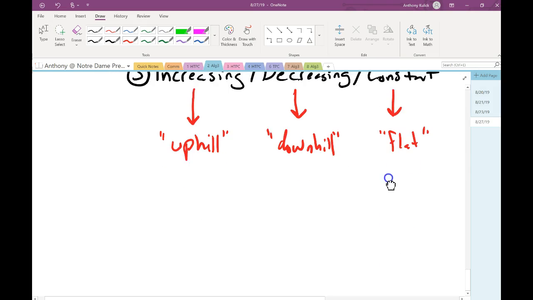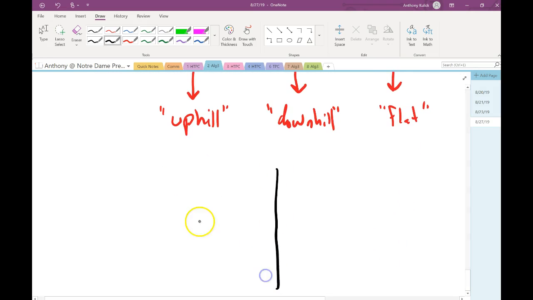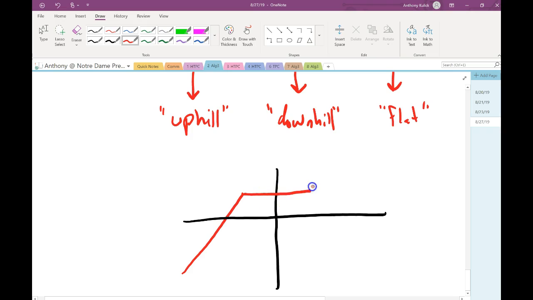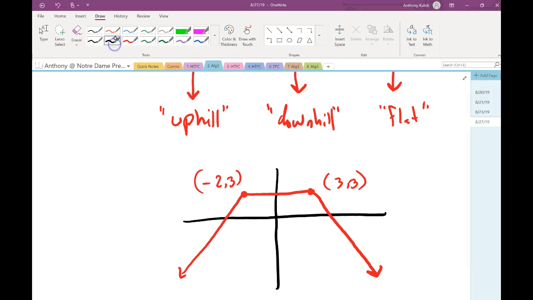So let's take a look at a picture. So when we're talking about increasing, decreasing, and constant, what you have to remember is that we're always reading our graph from left to right, just like you would read a book or read a sheet of paper.